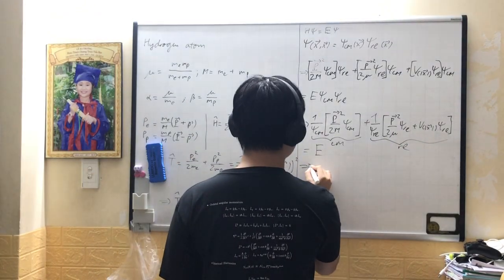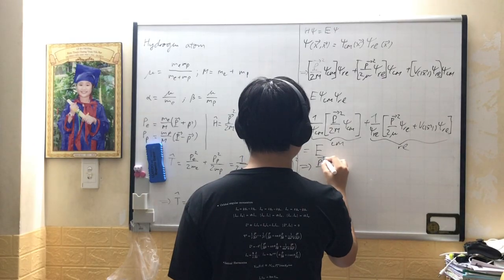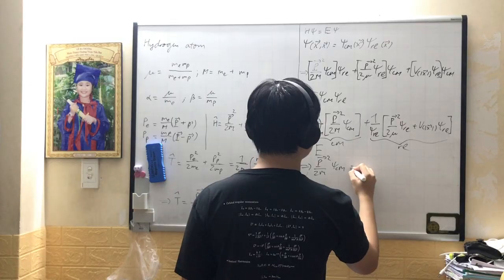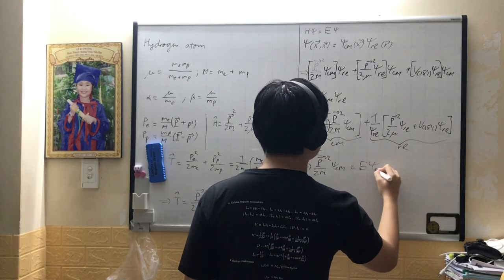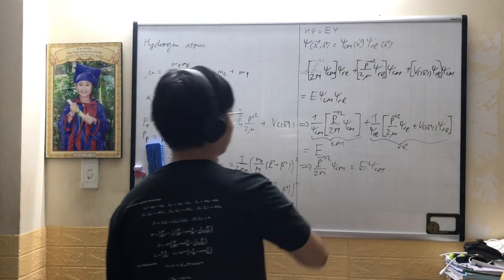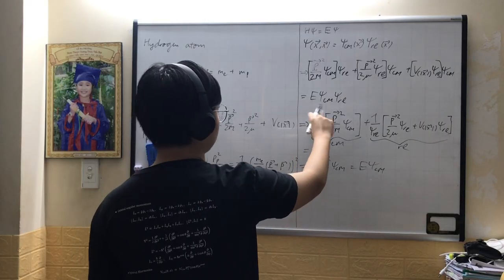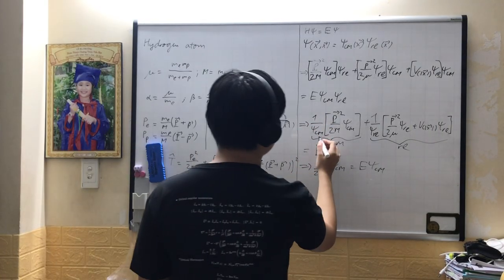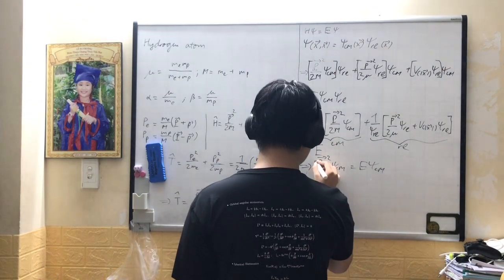So from here you get that P squared over 2M psi Cm equals E psi Cm. That's why I told you to take this part out, so you get the chunks.